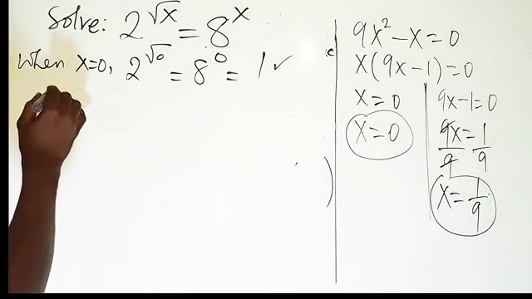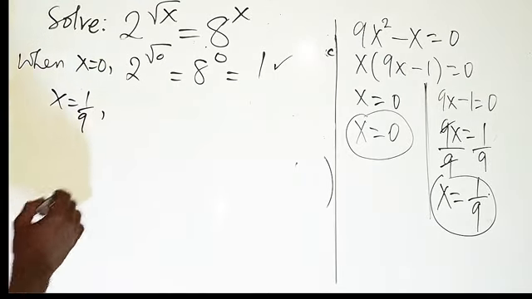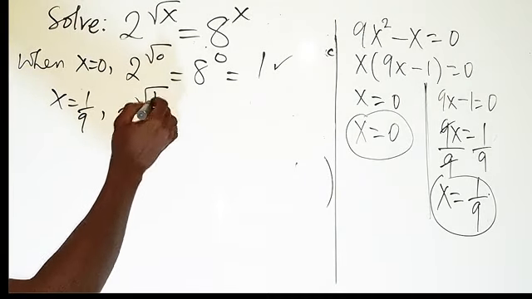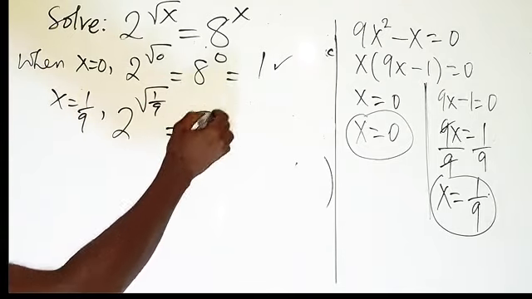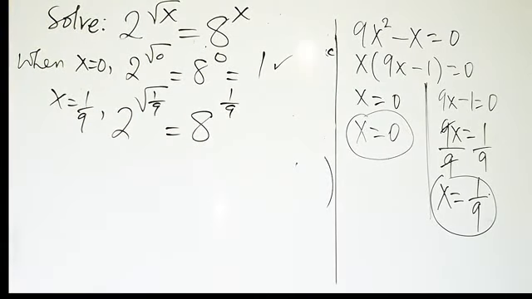Then when x equals 1 over 9, let's see. 2 to the power square root of 1 over 9 equals 8 to the power 1 over 9.